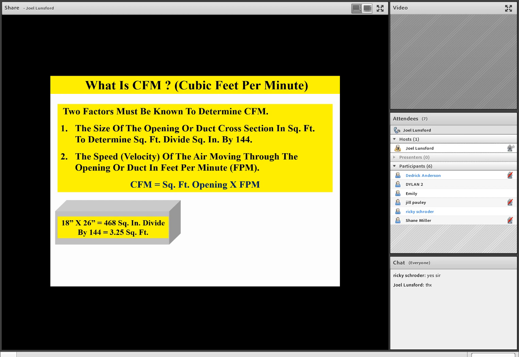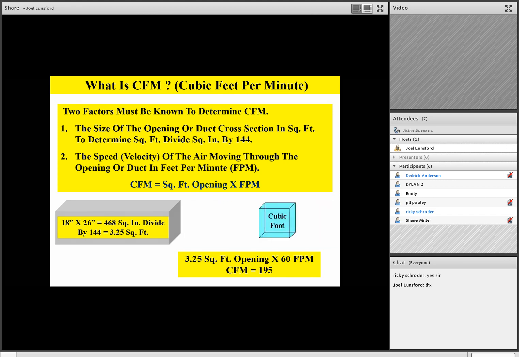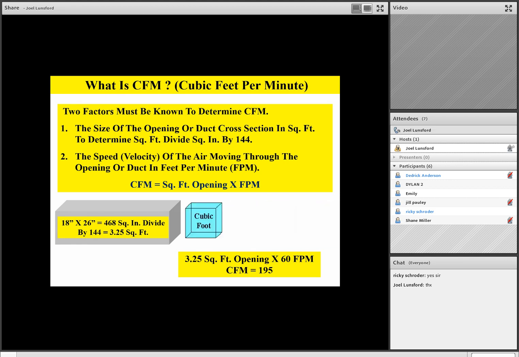That's step number one, so we have 3.25 square feet in our example. And then what we do next is we take the velocity of the air. Now you'll look at the graphic and you'll see that it looks like there's a blue cubic foot cube moving through that duct system. Now we know that air doesn't move in hunks or cubes like that, but we had to try to come up with some sort of graphic that made sense.